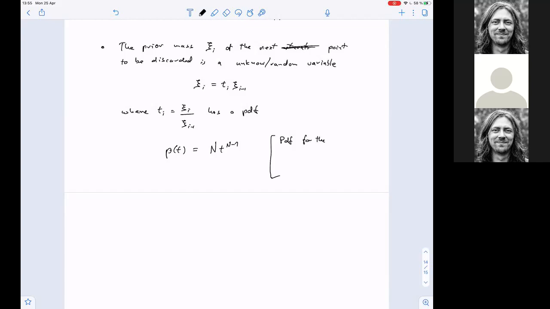That's this PDF for the largest value t of n samples from a uniform distribution 0 to 1. And since this shrinkage factor is always a relative thing, it always remains a number between 0 and 1, so it always has the same PDF.